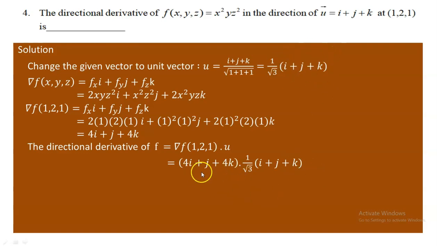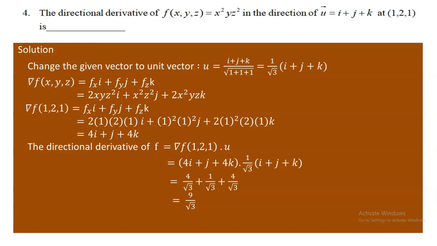So this can now be done like this: 4 times 1 over radical 3 is 4 over radical 3, and 1 times 1 over radical 3 is 1 over radical 3, and 4 times 1 over radical 3 is 4 over radical 3, because the 1 over radical 3 multiplies each of these. Adding them, we obtain 9 over radical 3. So the slope of the tangent line to the surface in the direction of the given vector at this particular point is 9 over radical 3.